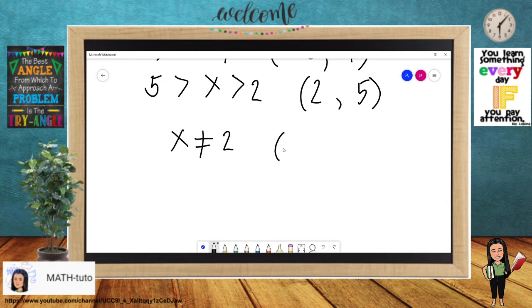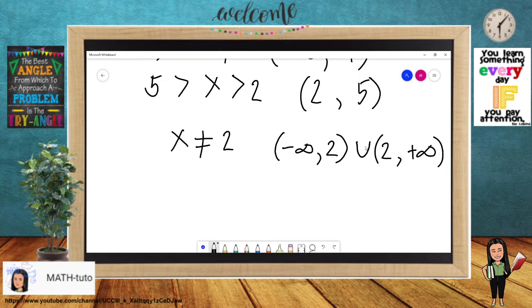So, we write negative infinity and then 2, parenthesis ang gagamitin kasi hindi nga siya kasali, and then union 2 until positive infinity. So, for the case lang na not equal ang symbol ng inequality, ganito natin siya isusulat.